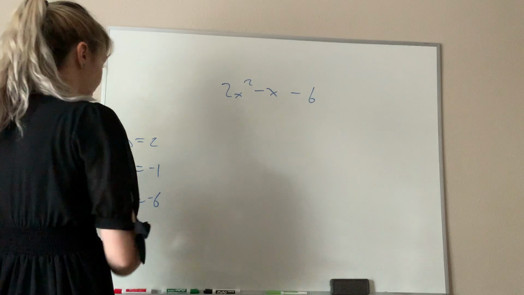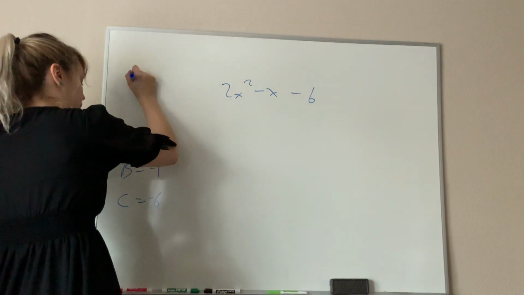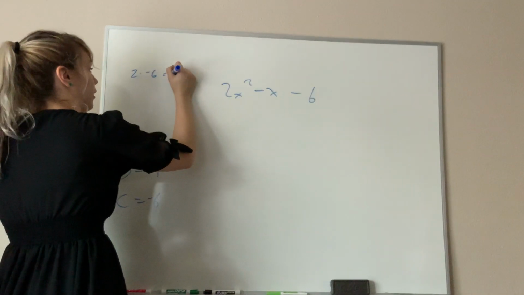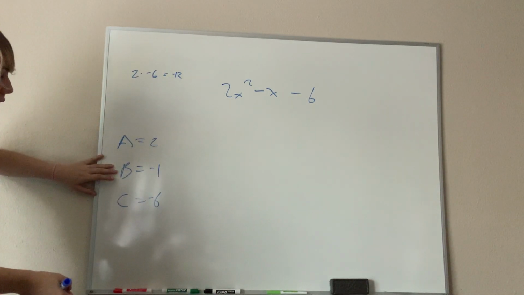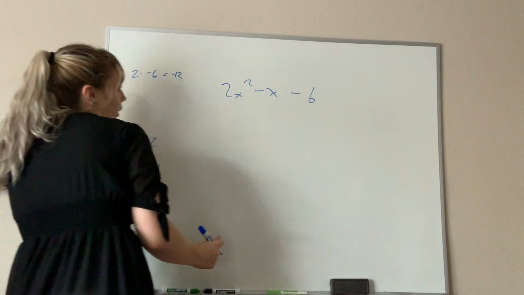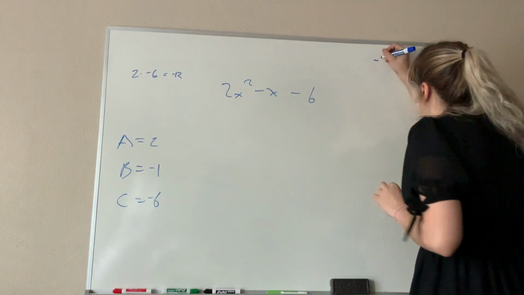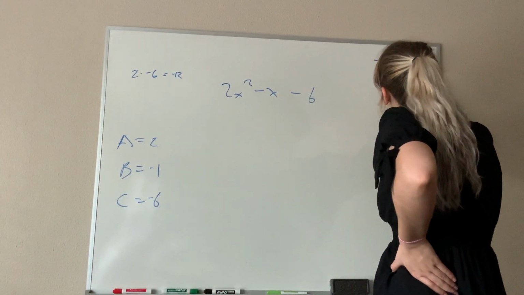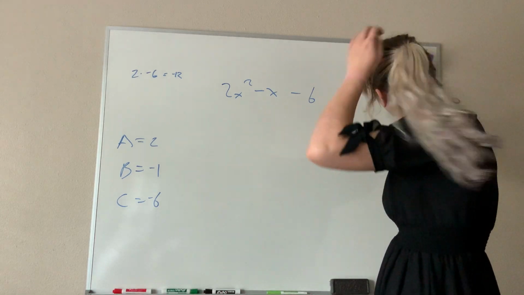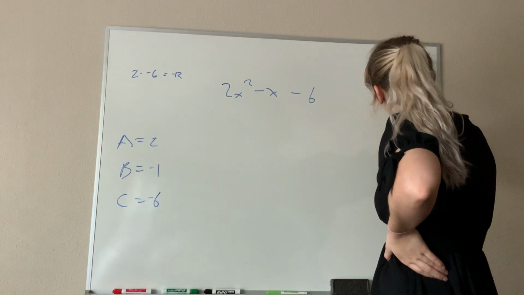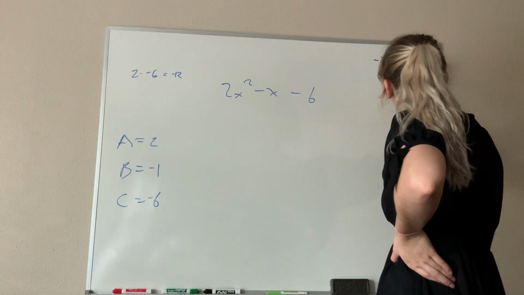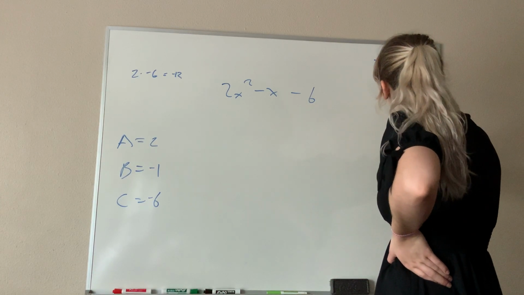So A times C, 2 times -6 is equal to -12, right? So B is -1, so we need to find factors that equal -12. 1 times -12 is -12.